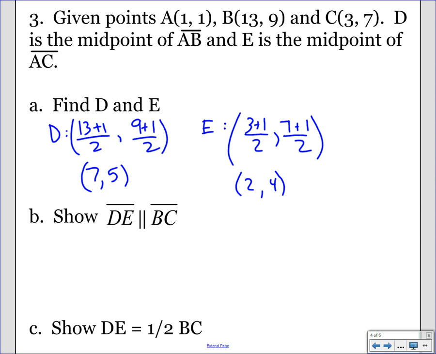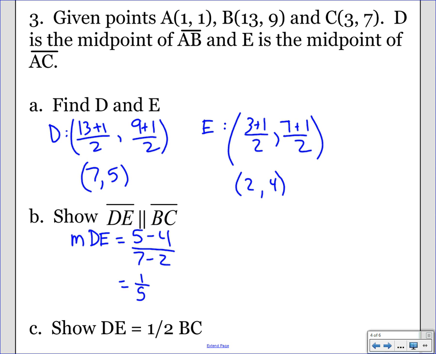Now I need to show that DE is parallel to BC. So how do we show parallel? We show that those two segments have the same slope. So let's find the slope of DE. 5 minus 4 over 7 minus 2, 1 over 5.